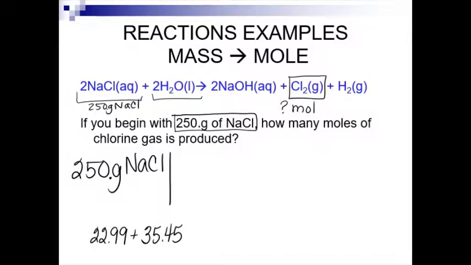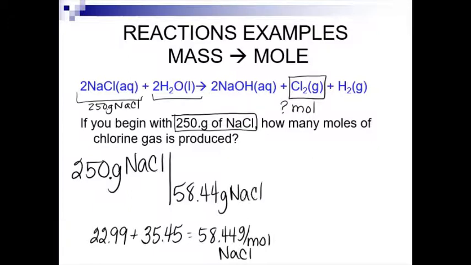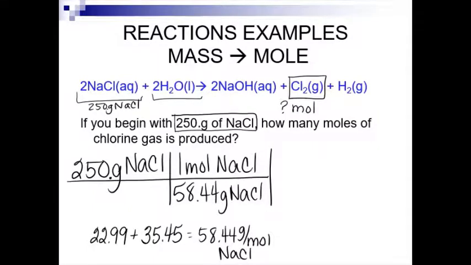So that means that it's 58.44 grams per mole for sodium chloride. So let's use that. 58.44 grams of sodium chloride in 1 mole of sodium chloride. If I stopped there, I'd be in moles of sodium chloride, but that's not what I wanted.